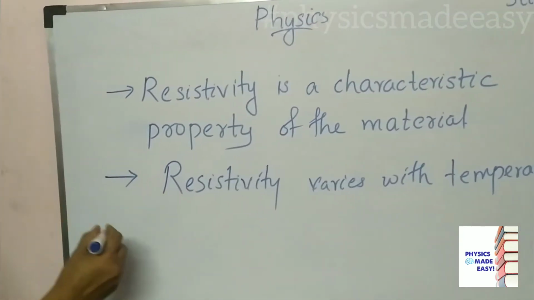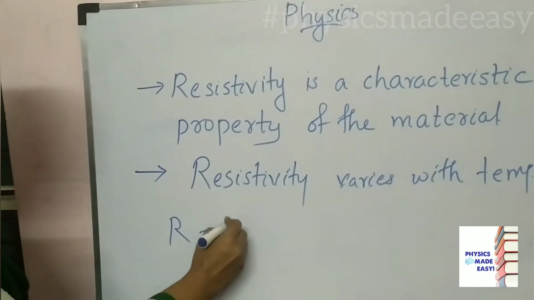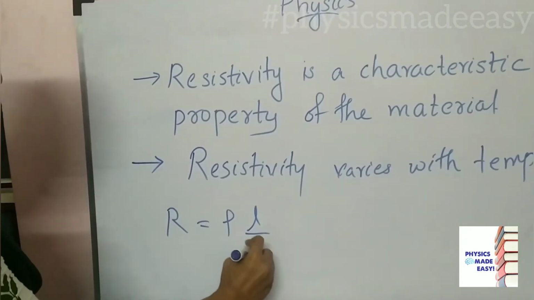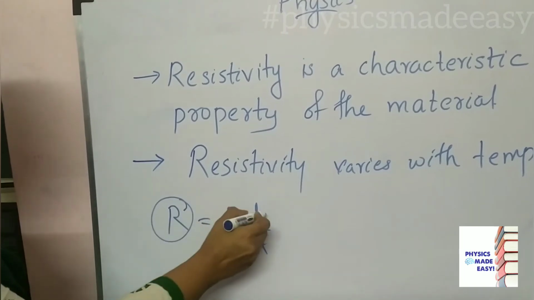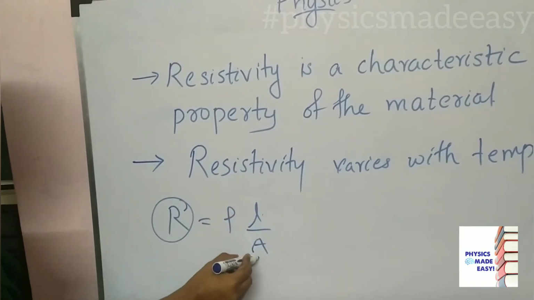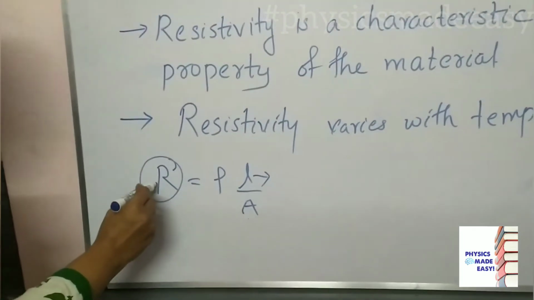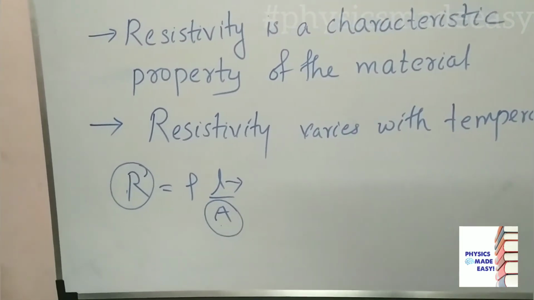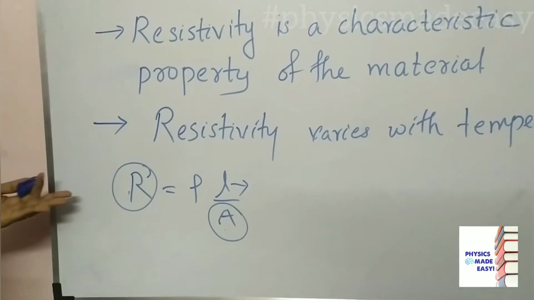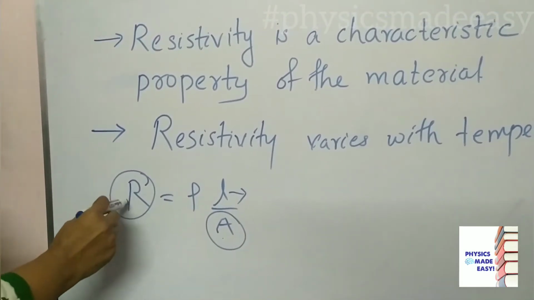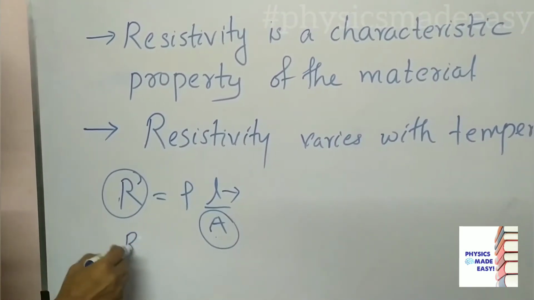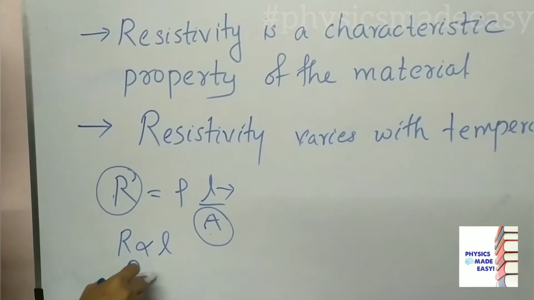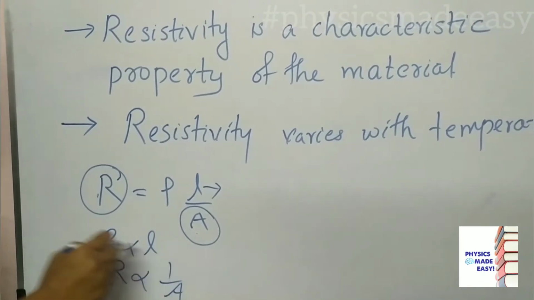Children, listen here. Here you can see R is equal to rho L by A. This you know, resistance depends on length and area of cross section. If the length is increasing, resistance will also be increased. If this area of cross section is increasing, what will happen? Resistance will be decreased. Resistance is directly proportional to length and inversely proportional to area of cross section.